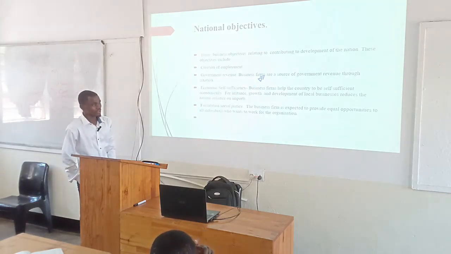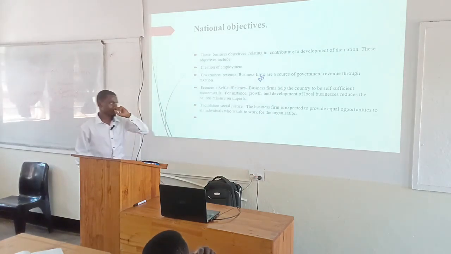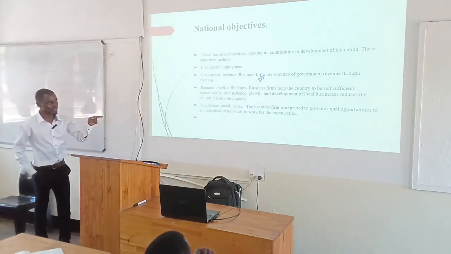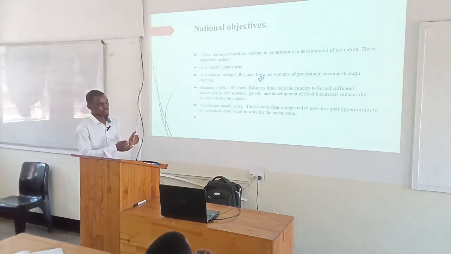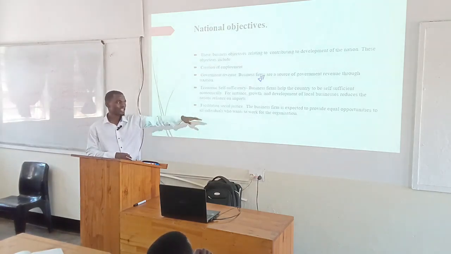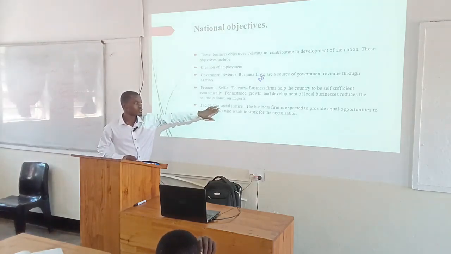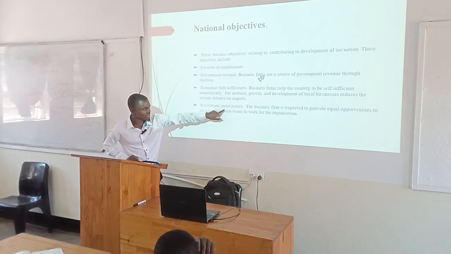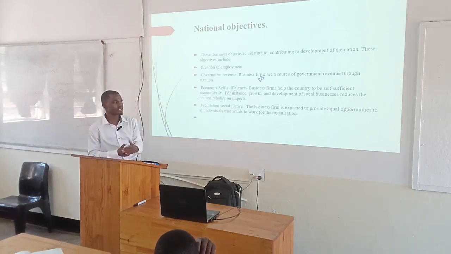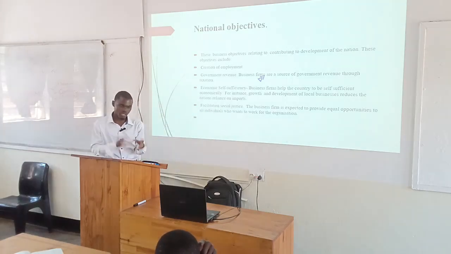So we are continuing. Social justice. Social justice is also one of the objectives of each and every nation. So as a nation, it would promote social justice. Social justice just means equal accessibility to services within the nation.